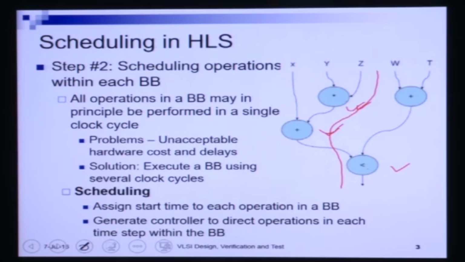If we do not do everything in one clock cycle, we need to do different operations in different clock cycles. So, therefore, ascribing such operations to different clock cycles is the very problem of scheduling. Ascribing the timing information to each operation within a basic block is the problem of scheduling.